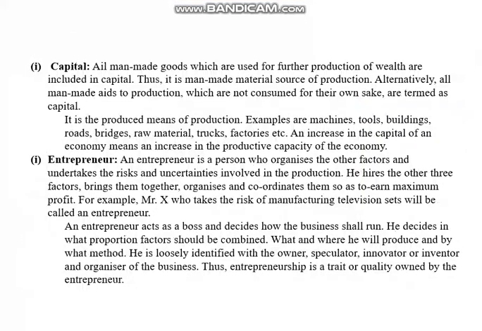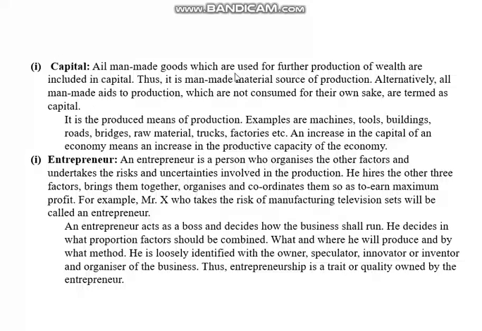Now, the third factor of production is capital. This is all man-made goods which are used for further production of wealth, and they are called capital.